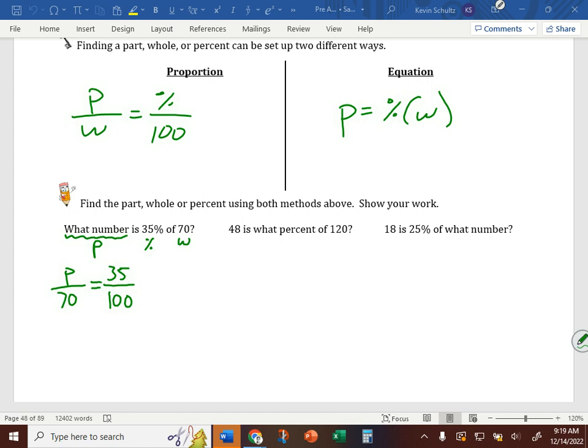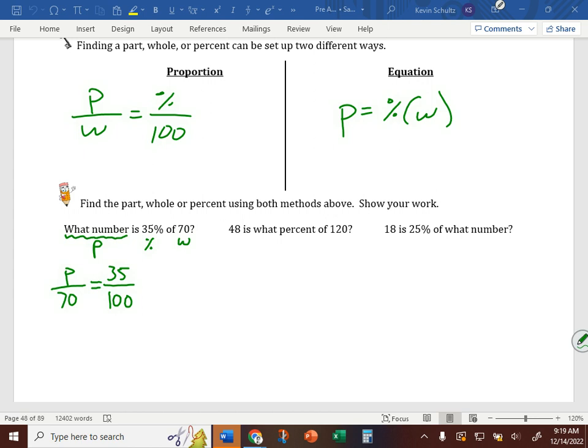We actually kind of did this in the previous objective, didn't we? Set up a proportion to solve for a variable. What methods did we use then? If 70 was friendly and there was an easy scale factor here, could we use scale factor to build up to 100? Sure. 70 is not friendly. So what other options do we have?